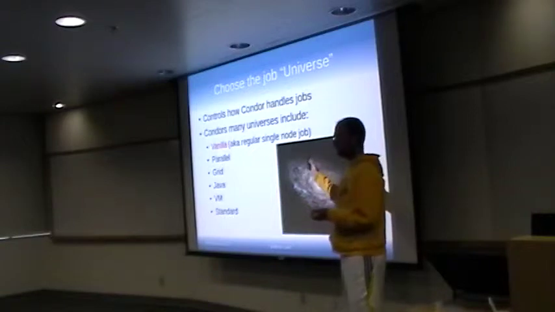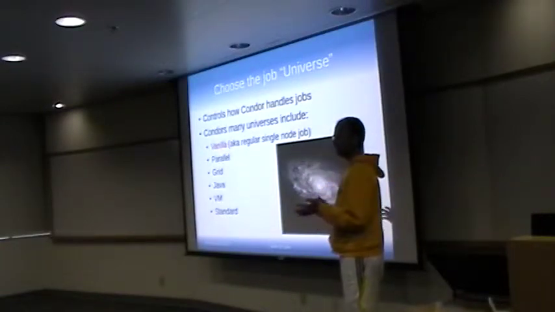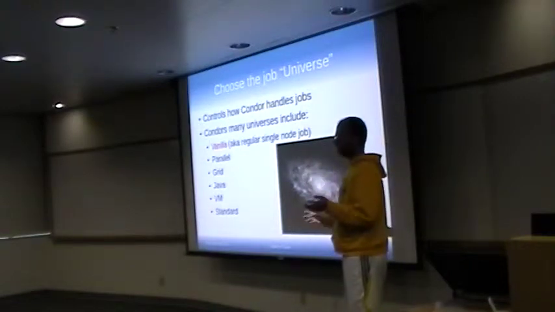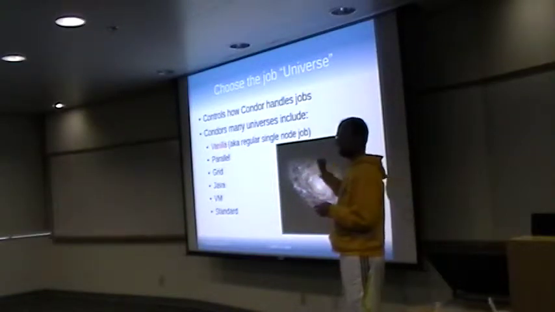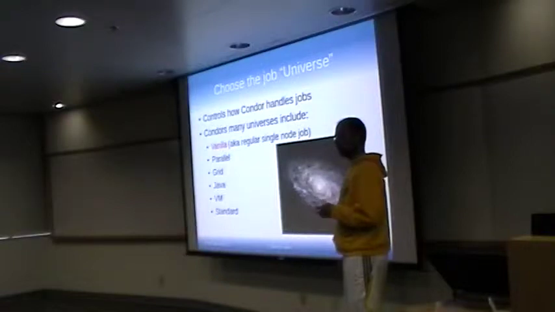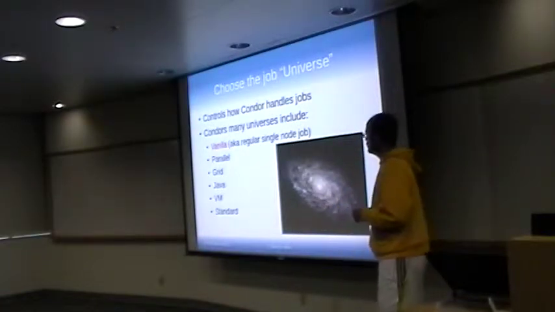You have parallel jobs like MPI, not that Condor is really good at it, but they can support them. Grid jobs, which is on the factory, we will not talk about it. We have a Java universe job, which is essentially the same as vanilla, but it already starts inside the JVM. This you can actually use in the glideins, although we typically don't support it out of the box, but we could, with very little change.